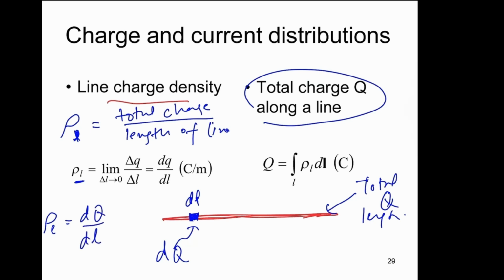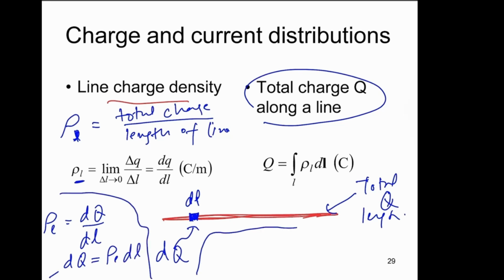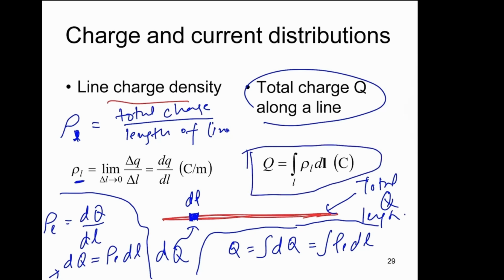So what is dq? dq equal to rho L dl. Then Q is equal to integrate dq and also integrate rho L dl. So total charge along line is equal to integral of rho L dl.